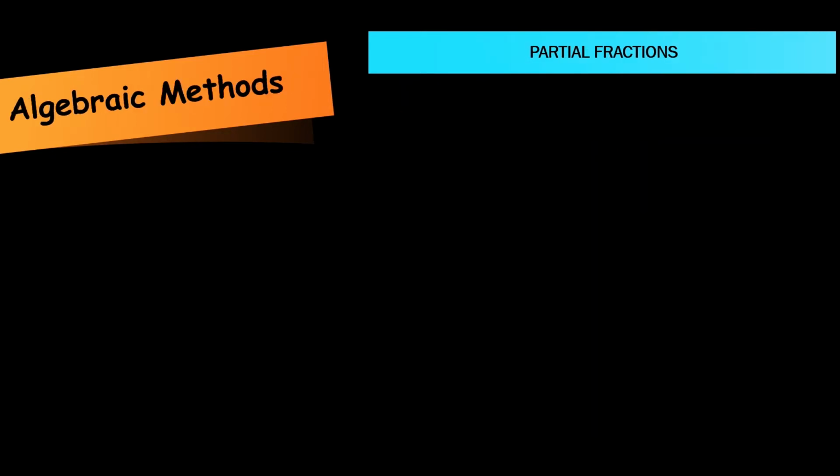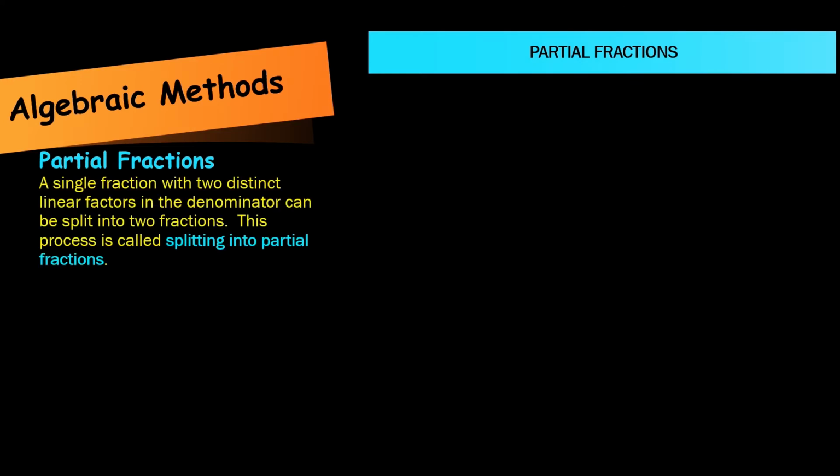Before we go on to the next exercise, let's take a look at some theory. We're going to take a look at partial fractions. A single fraction with two distinct linear factors in the denominator can be split into two fractions. This process is called splitting into partial fractions.